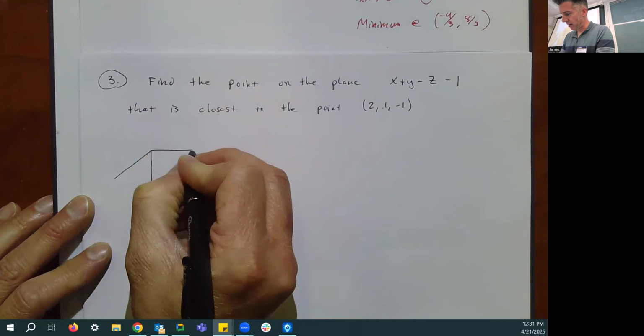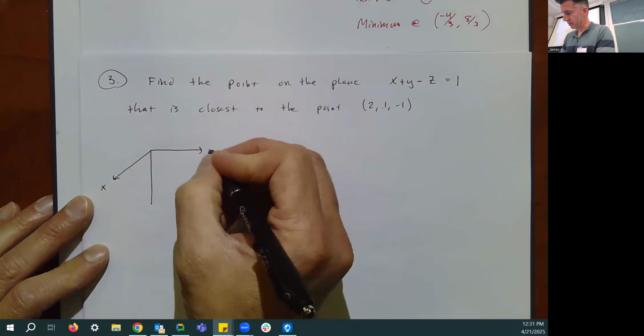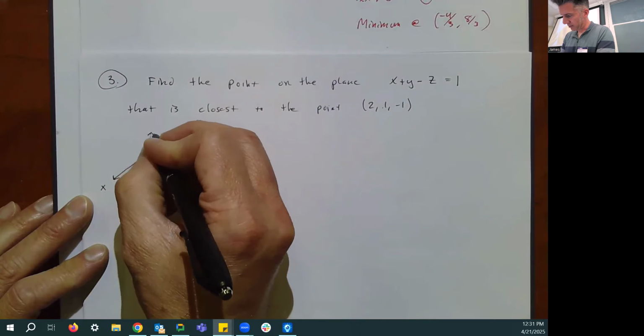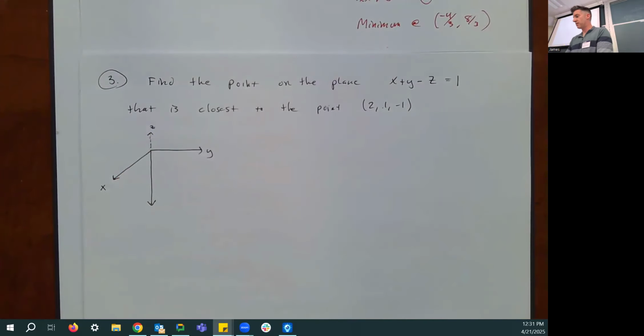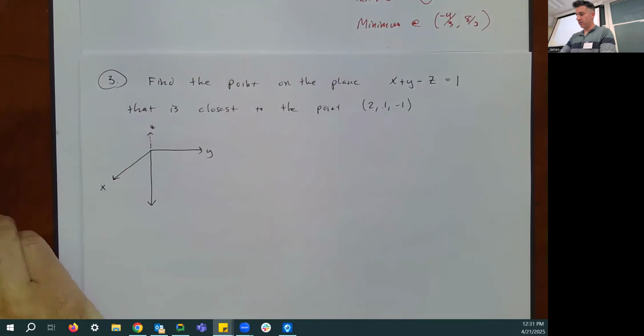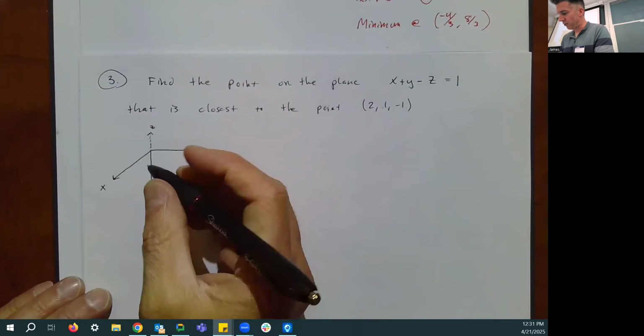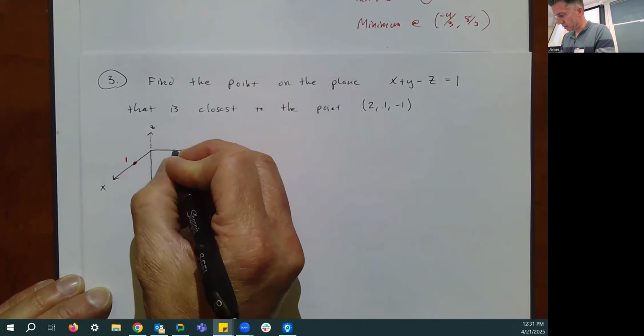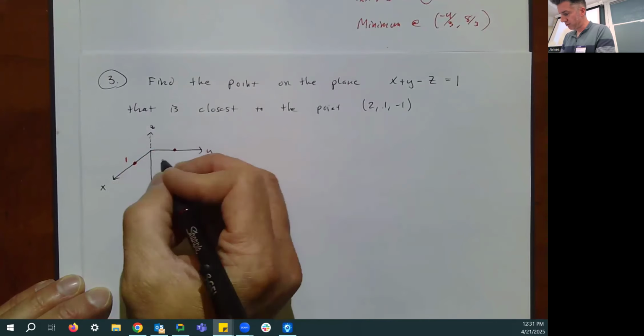So here's my x-axis, my y-axis, and the bottom half of the z-axis. And then this plane has intercepts at x equal to positive 1, y equal to positive 1, and z equal to negative 1.